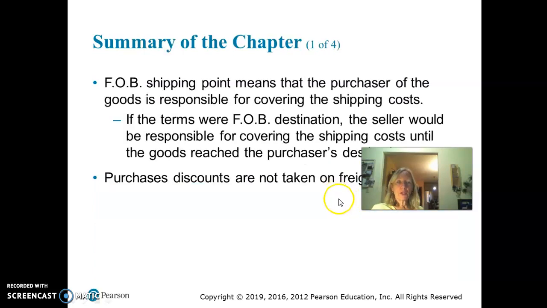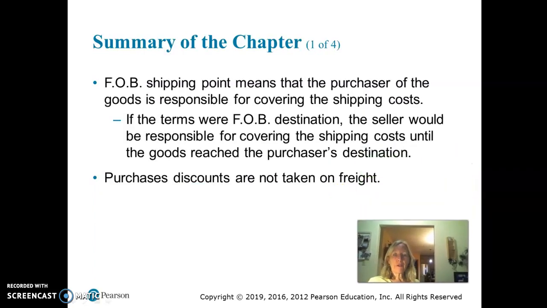Okay, so in summary, I'll just go over these real quick because it's a pretty short PowerPoint. Free on board shipping point means the purchaser of the goods is responsible for covering all the shipping costs. And that would mean that until they reach their destination, anything that's damaged is the responsibility of the purchaser.